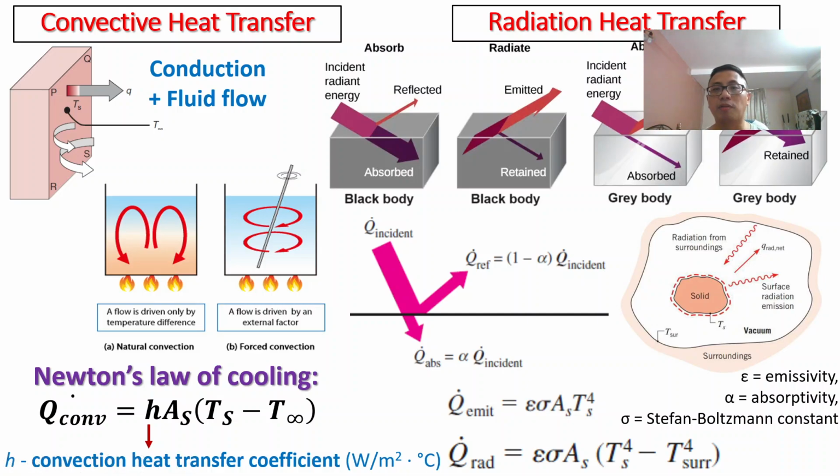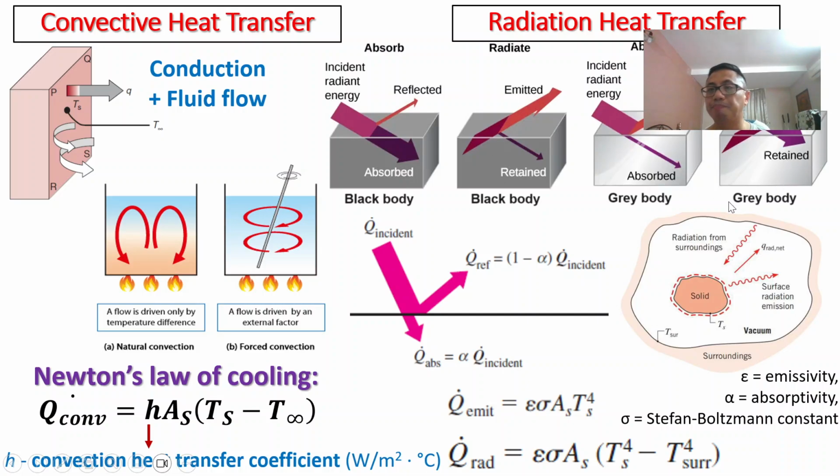There are two kinds of body, black body and gray body. A black body is an ideal case where the body can absorb most of the incident radiant energy and reflect some minor portion. It can also emit most of the energy supplied to it and retain a very small portion, a very ideal case.